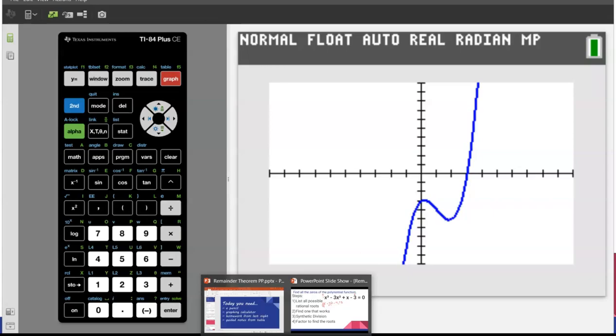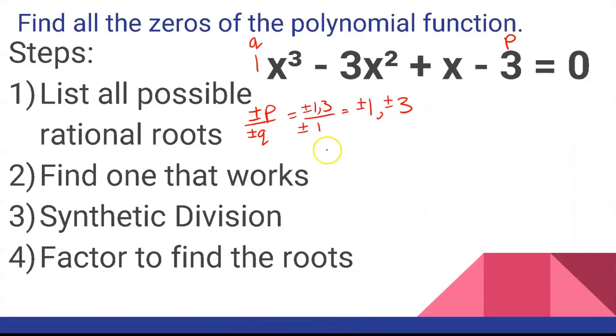I'm going to go back. So we're going to test 3 in my synthetic division. Coefficients, make sure we have everything represented for our highest exponent all the way down to our constant. So we have x cubed, x squared, x to the power of 1, and none. They're all there. 1, -3, 1, -3.